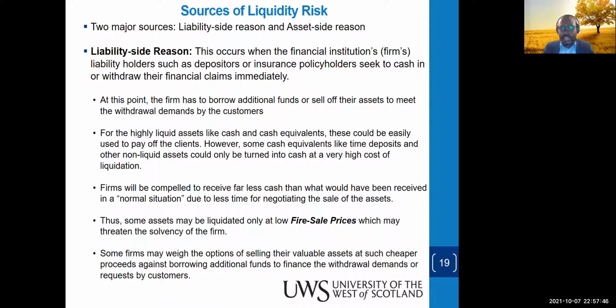So the bank finds it difficult. There are three things that occur here. First, they must get all their highly liquid assets, such as cash and cash equivalents and easily liquidated securities, and then pay their clients off. That's the first thing. Once they pay off, you should know that their cash reserves may get depleted totally.